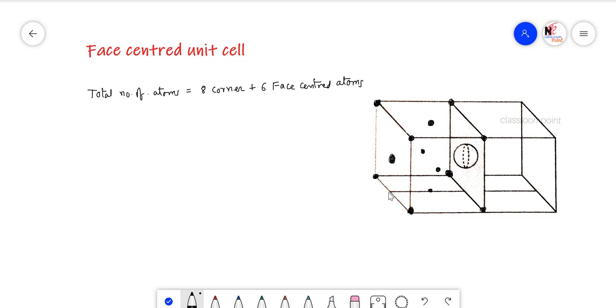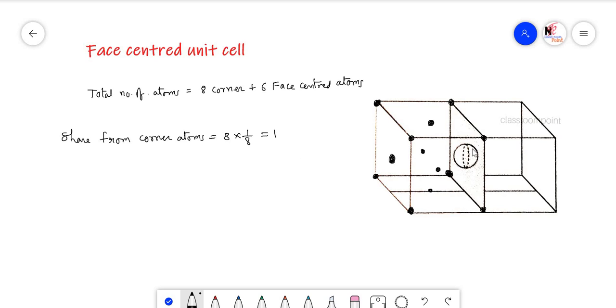Now, as we discussed earlier, the corner atoms' contribution is 1/8 towards any unit cell. So the share from corner atoms equals 8 into 1/8, equals 1 atom.